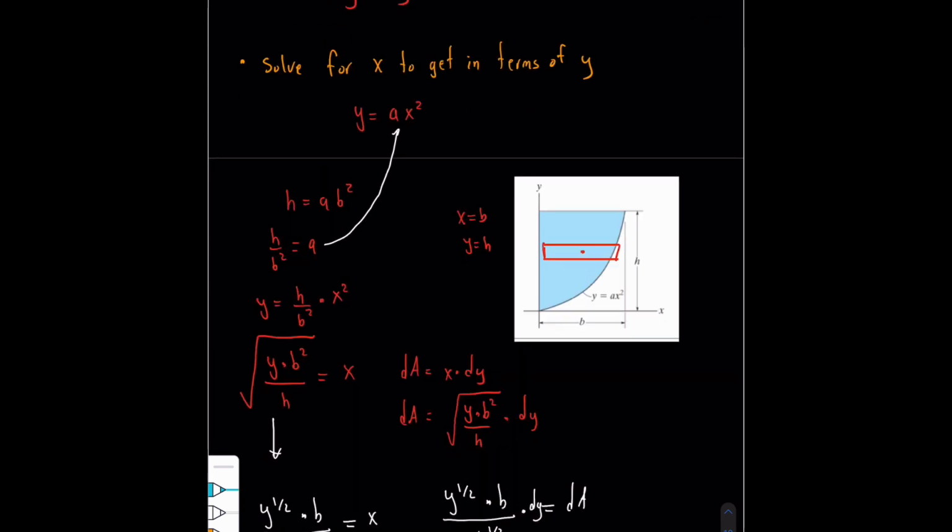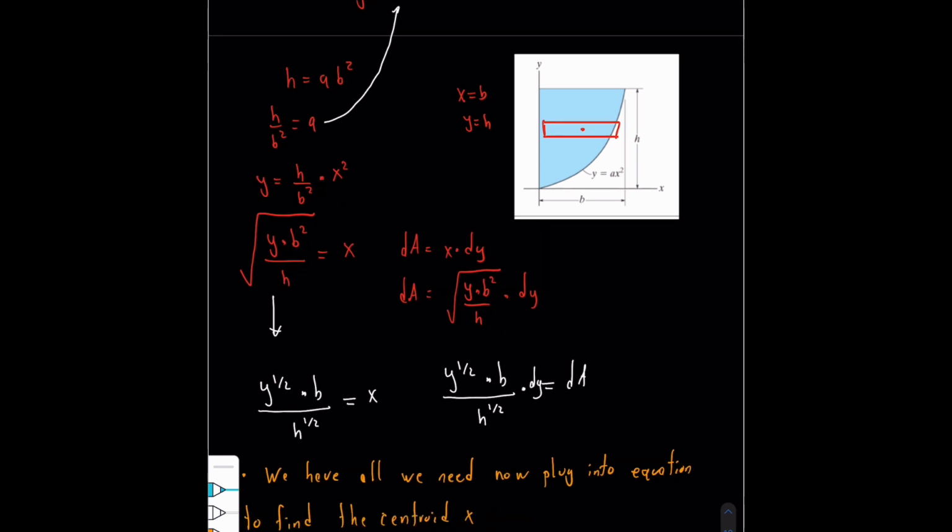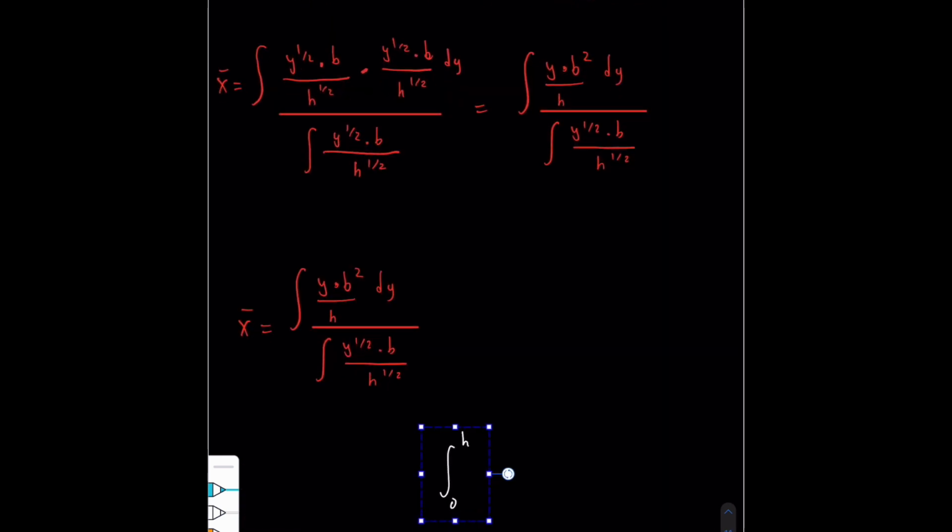So bring this over here. Here's h and here's 0. These limits are the same, from h to 0. Okay, now I could take these integrals. I hope my calc 2 isn't too bad. Here, y 1/2 is equal to... Oh, caught another mistake.